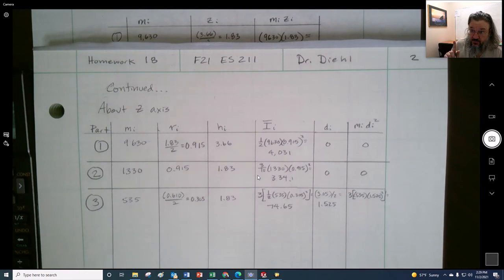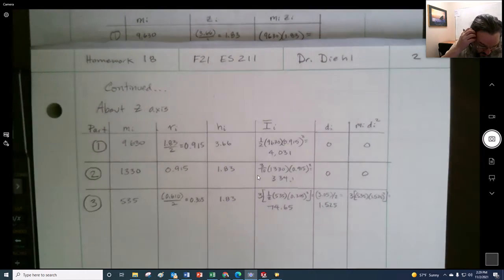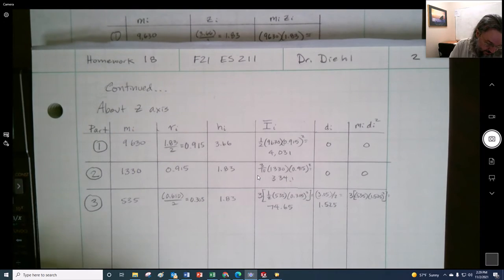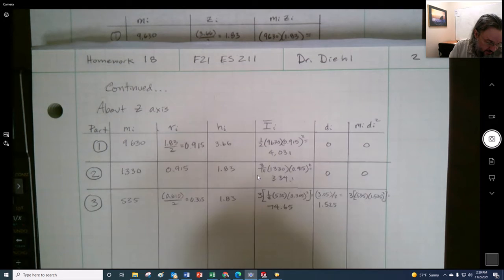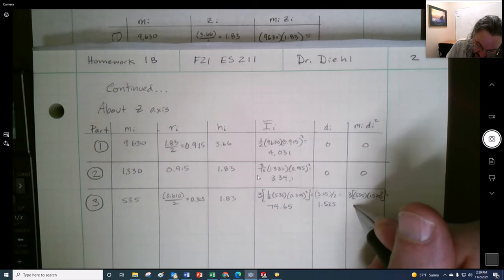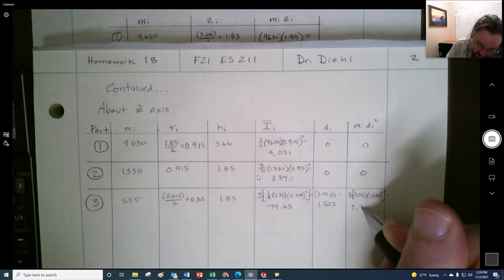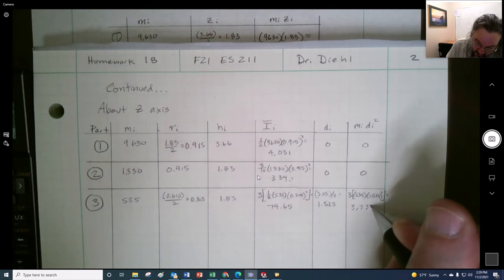Does that make sense? Because we're going to move all 3 of them away. This is how far away they are from the center of rotation. So I'm going to square my 1.525, multiply it by 535, and then multiply it by 3. And so we're going to get 3,733.